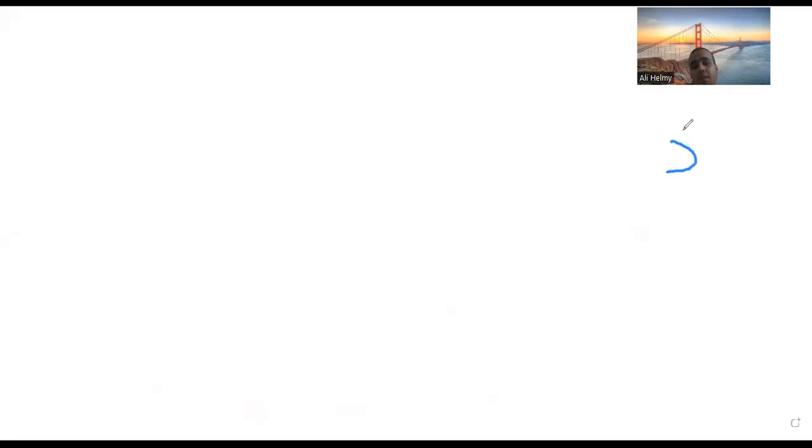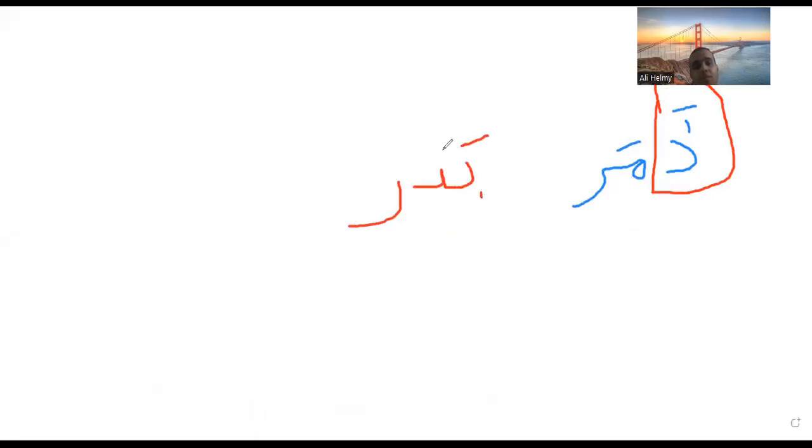For example, like tha, ma, ra. So here tha in the beginning, as you can see here. The tha in the middle. Tha, ra. As you can see here, tha in the middle.